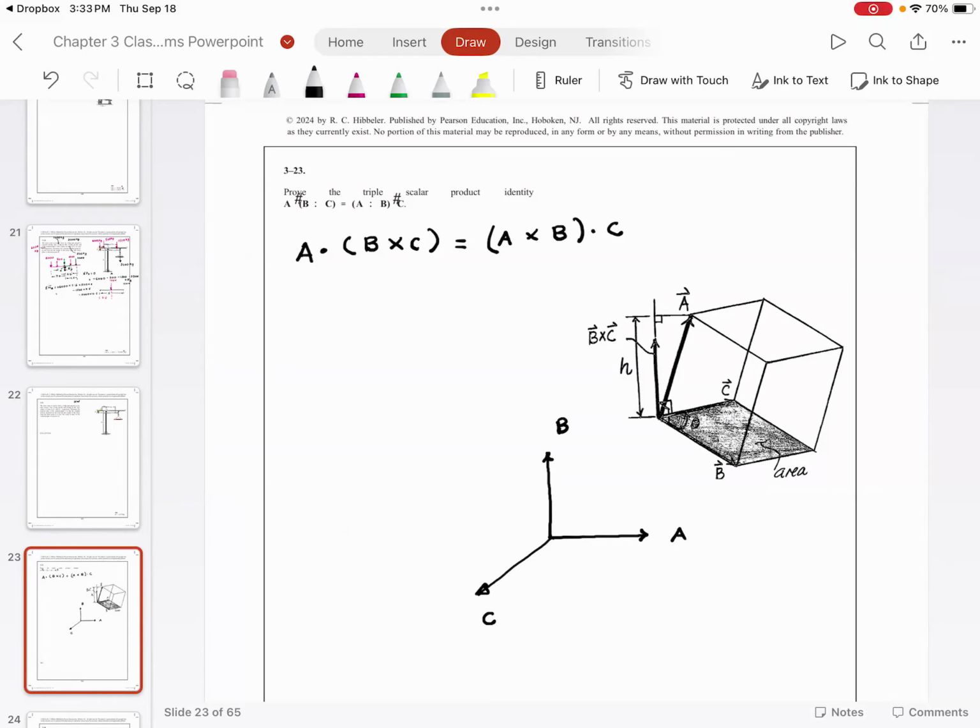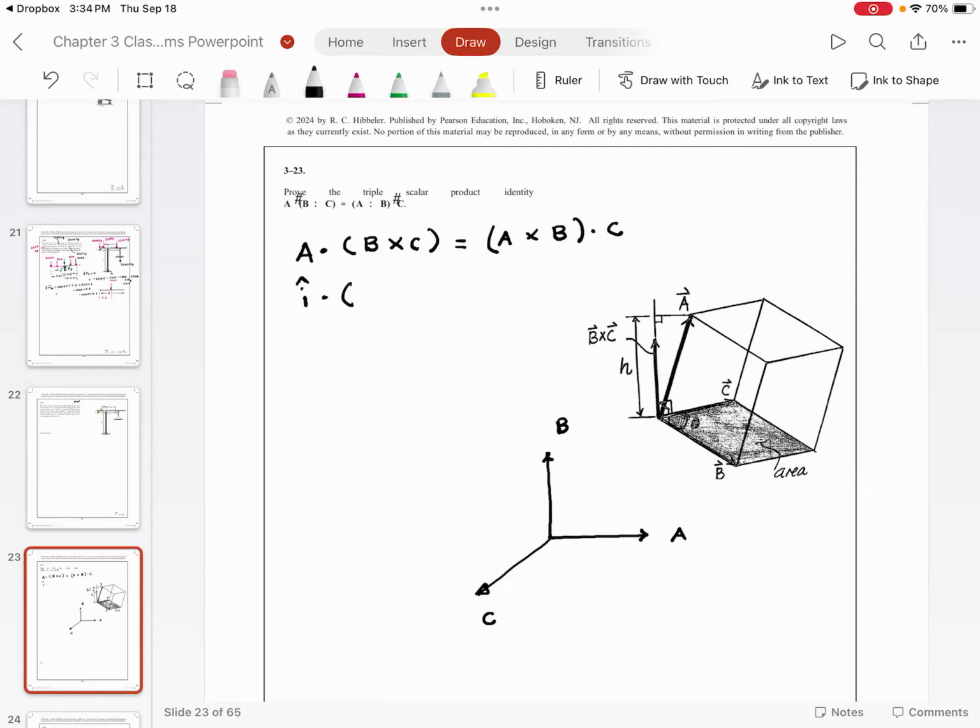Tell me, if everything is a unit vector, what is B cross C? You agree with me? B cross C is A. Now let me write this in a different fashion and everything will make sense.